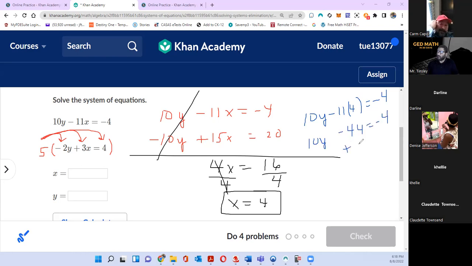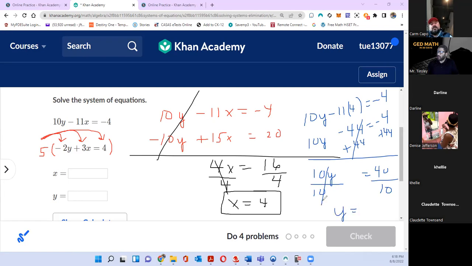I'm going to add 44 to both sides. We get 10y. The 44 is canceled. I bring down my equal. 44 minus 4 is 40. Divide both sides by 10. Y is equal to 4.